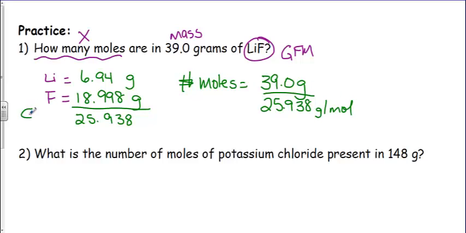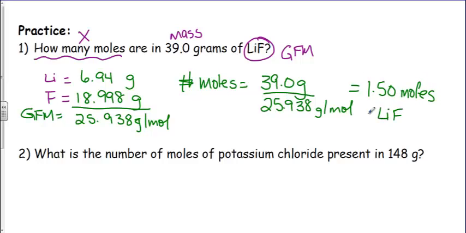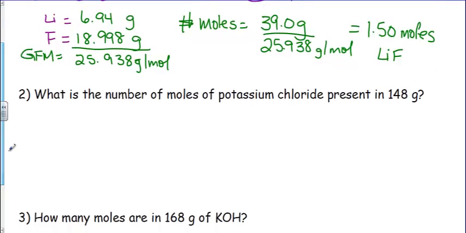All right, so I'm going to add this in here so you guys can see where I got this from. And this is grams per mole here. All right. Once we divide that out, we will get 1.50 moles of lithium fluoride. All right, so why don't you take a minute, try to do this one on your own, and then we'll come back and see how you do.